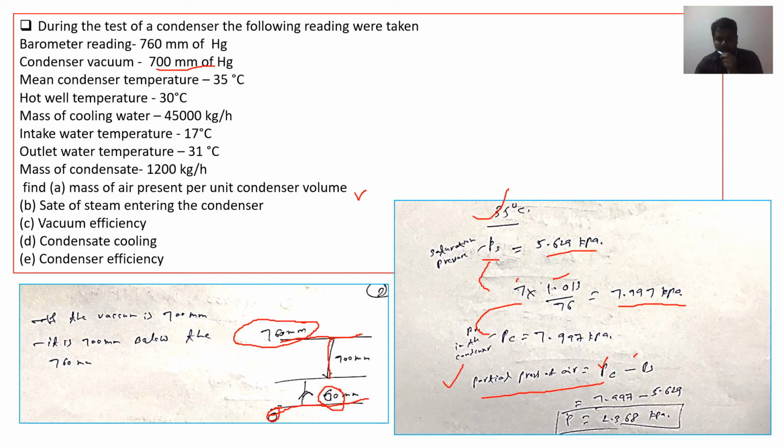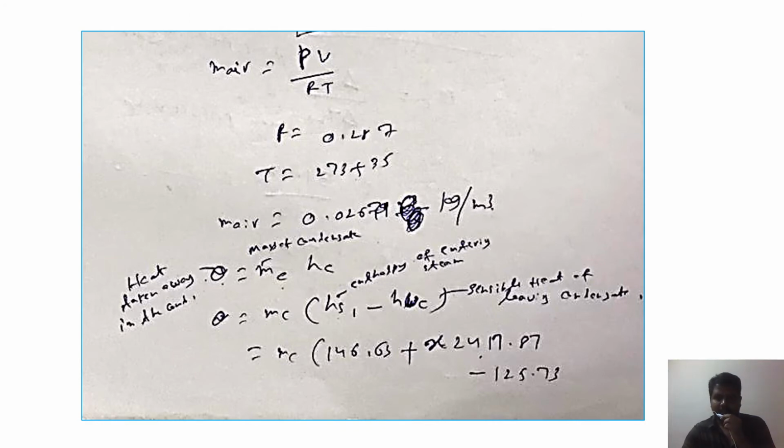If you substitute the values, we will get the partial pressure of air, 2.368. Now we can find the mass of air. We know that PV equals mRT, so we can write it as m equals PV by RT.